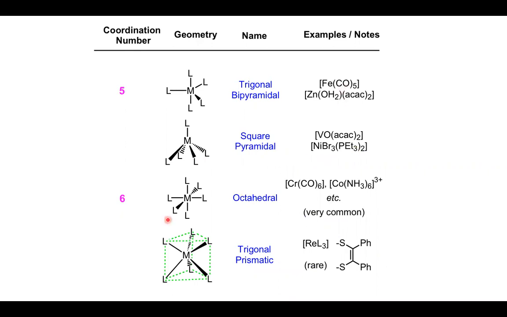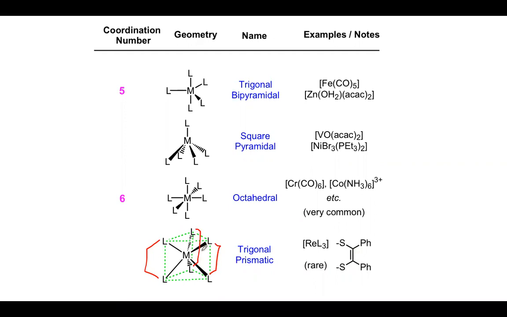You also have another one which is trigonal prismatic, although this is really rare and requires a very specific shape of a ligand. So one that's like this. For example, the sulfurs would be here, and then it would go like this, and then something like that, and then in the back here, something like that. That's really the only way to form these kinds of complexes, and it's still not even that common.